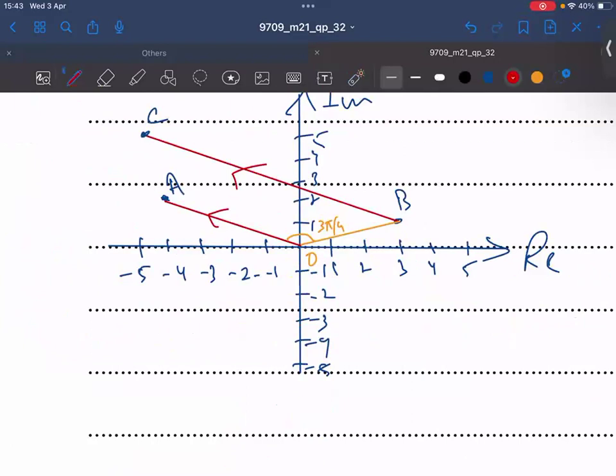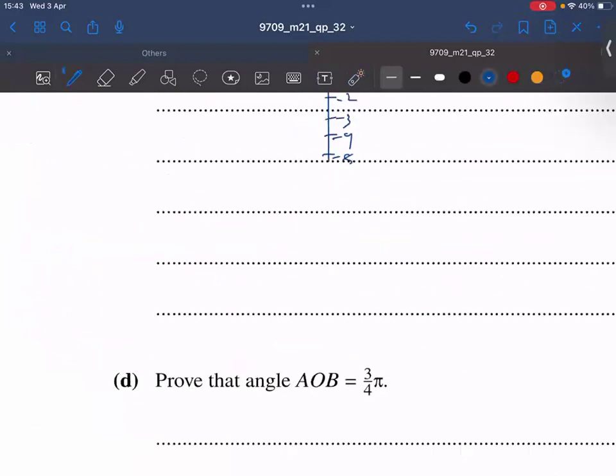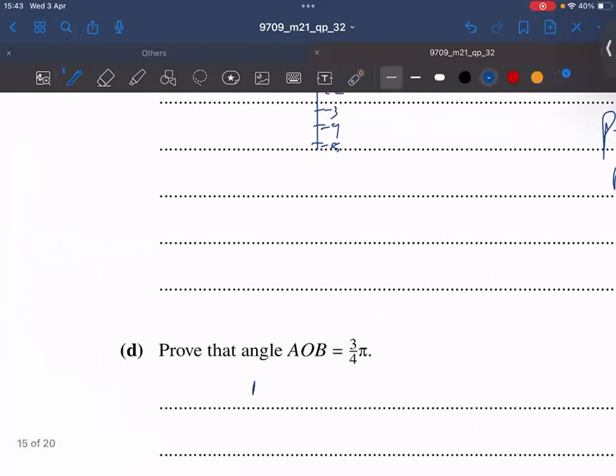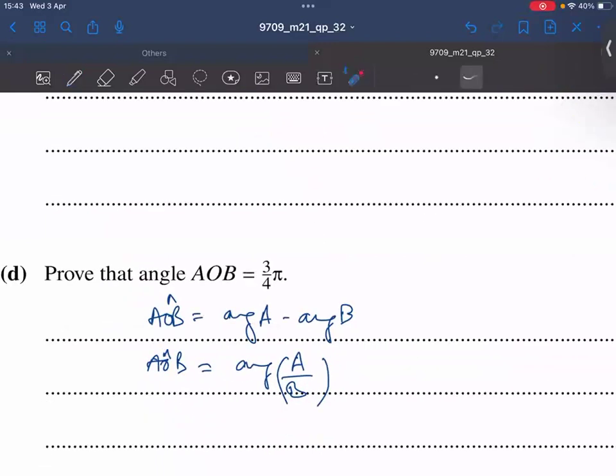So let me write it down: angle AOB is equivalent to argument of A minus argument of B, because that is basically the rule. Argument of A minus argument of B is equivalent to the argument of A over B.